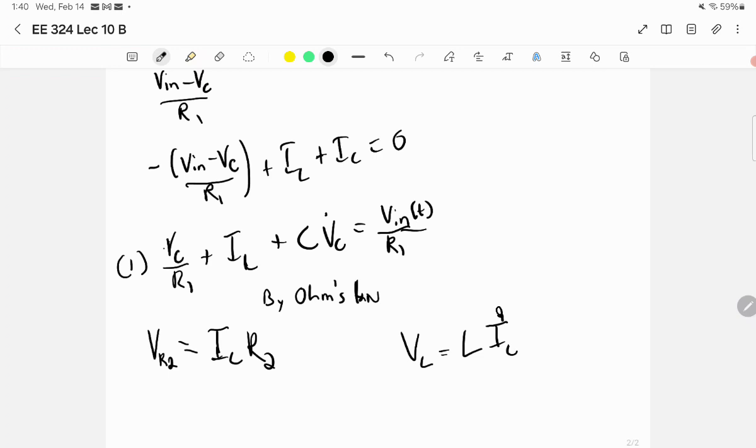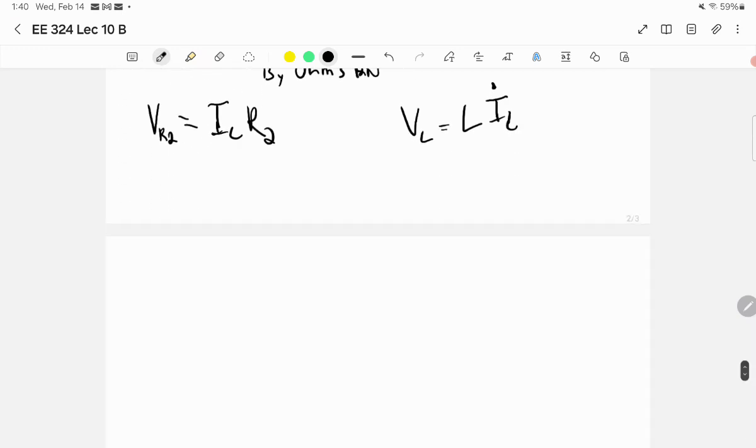We already know this to be true for an inductor, right?